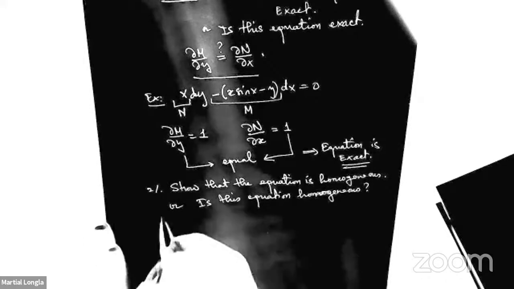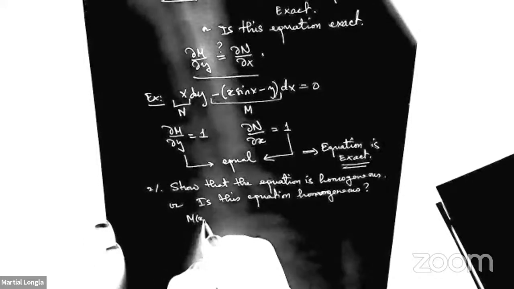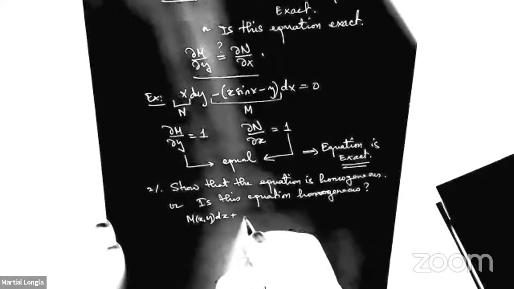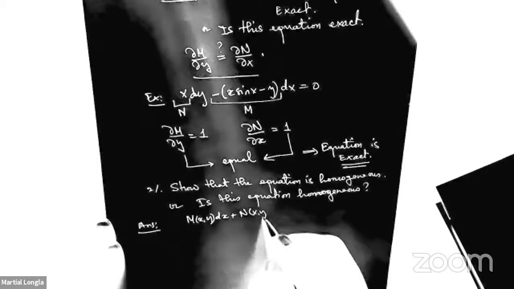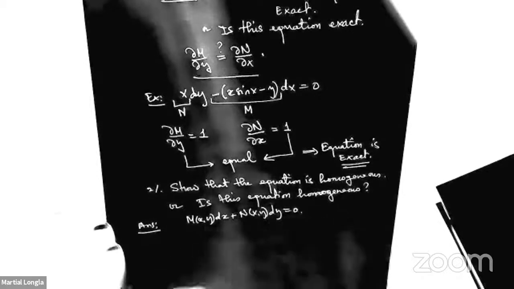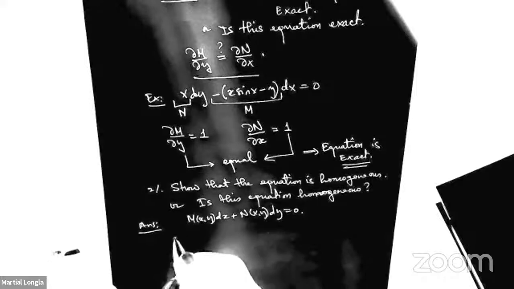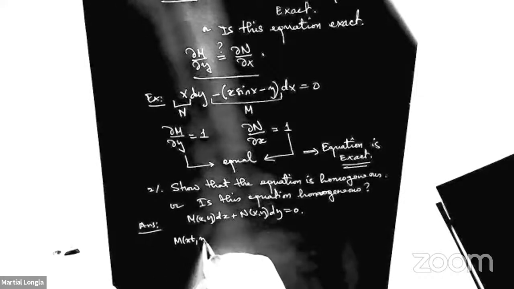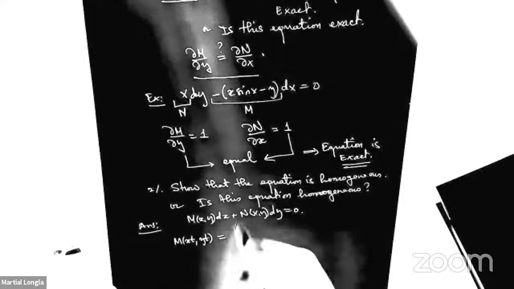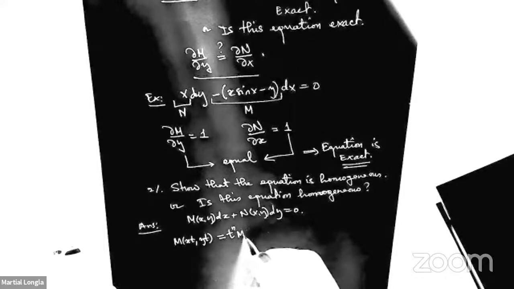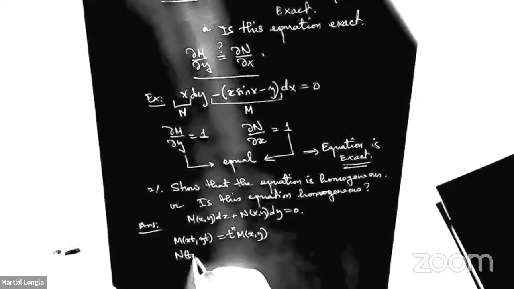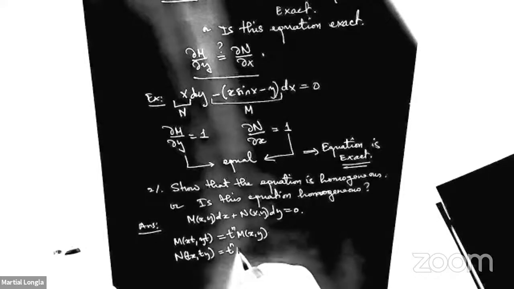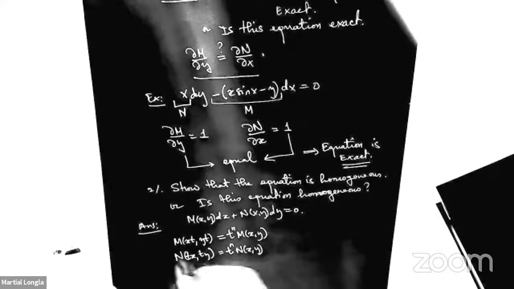And the work is, if the equation is M(x,y) dx plus N(x,y) dy equals 0, then you want to make sure that M(tx, ty) is equal to t to the power n M(x,y) and N(tx, ty) equals t to the power n N(x,y).